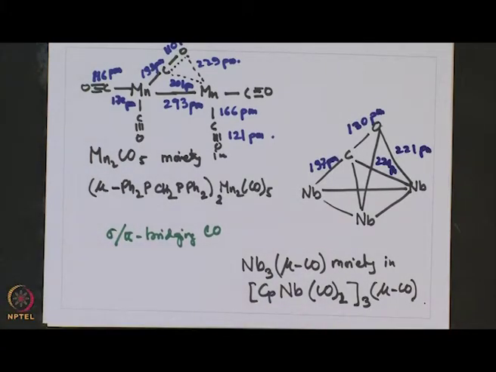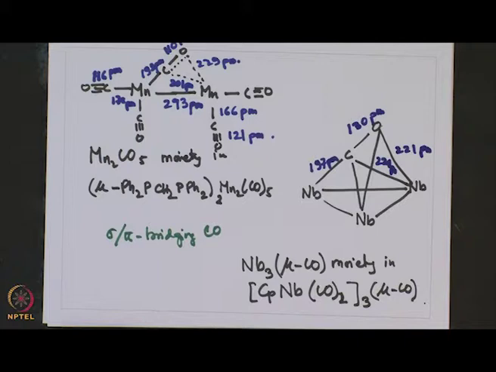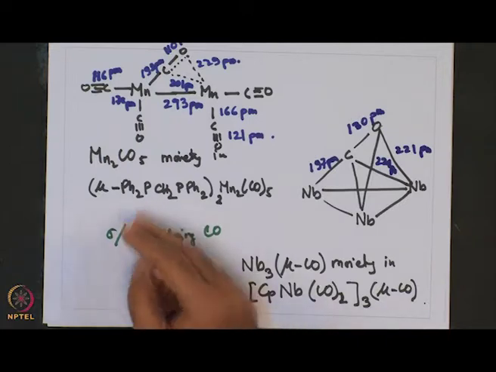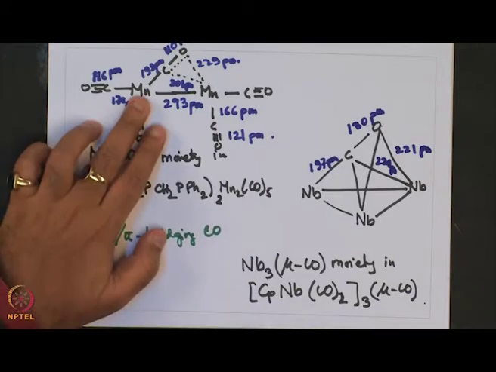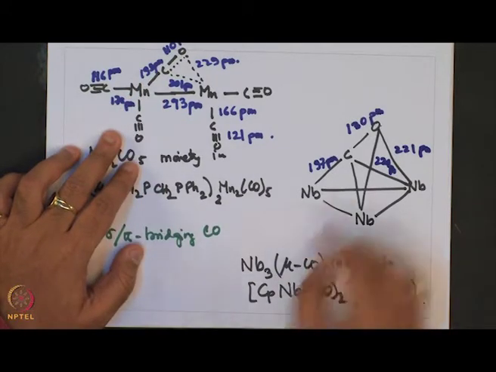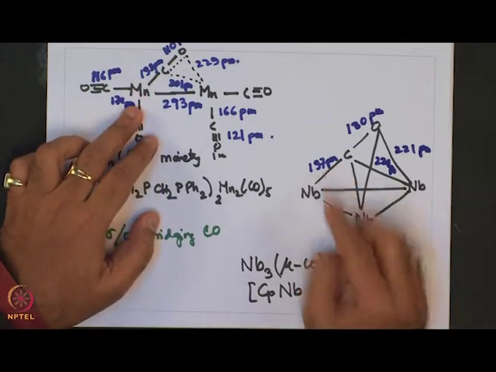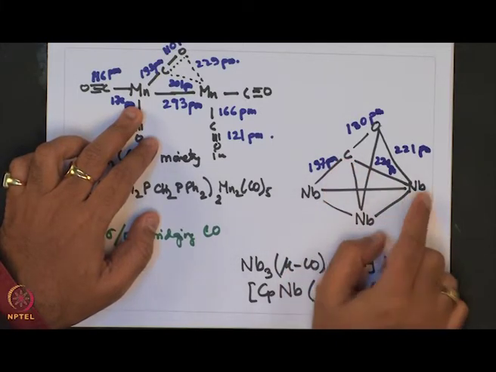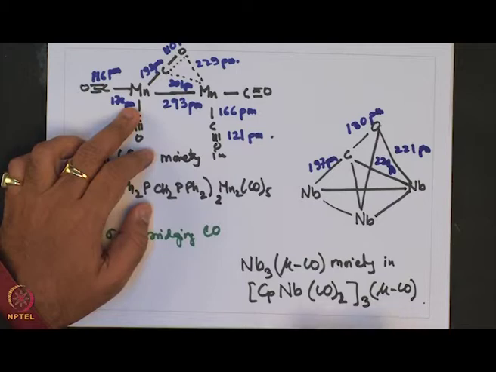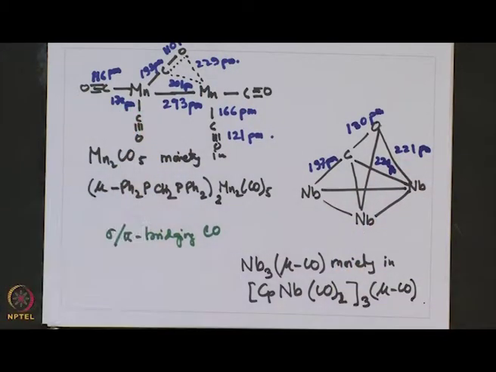So, what we see by comparing these two structures is that these sigma pi bridging compounds are present in big cluster compounds having bulky ligands. We also see that the bridging carbonyl metal-carbon distances are around 200 picometer, 193 picometer for manganese and 197 picometer for niobium, and the CO-metal interaction on the side-on overlap is around 221 to 229 picometer, and the same we can see in the case of niobium.